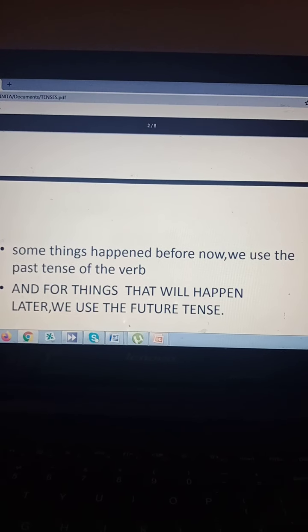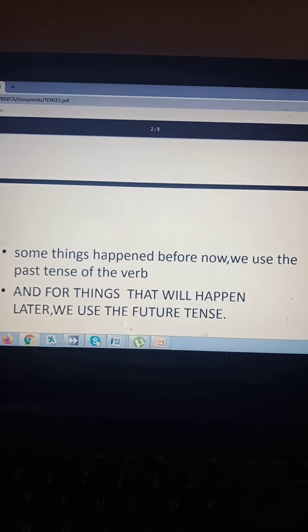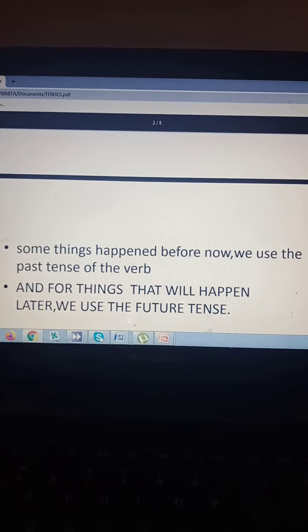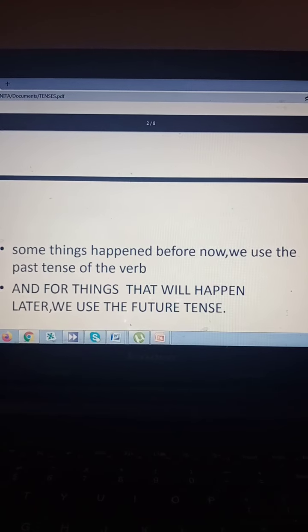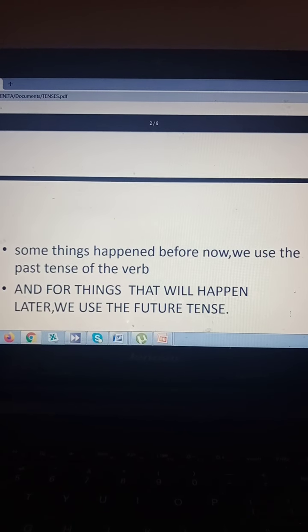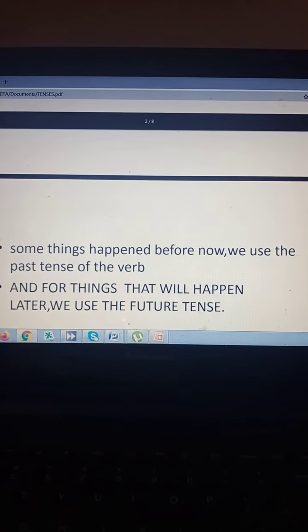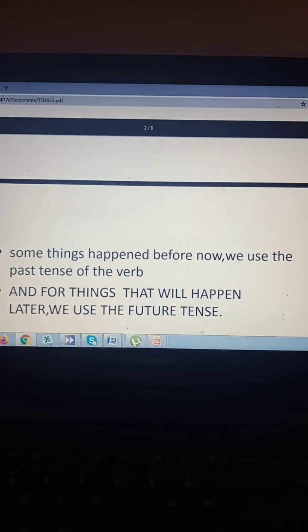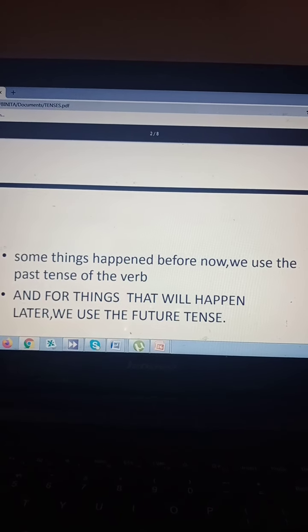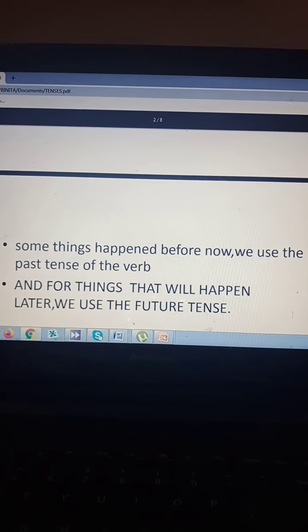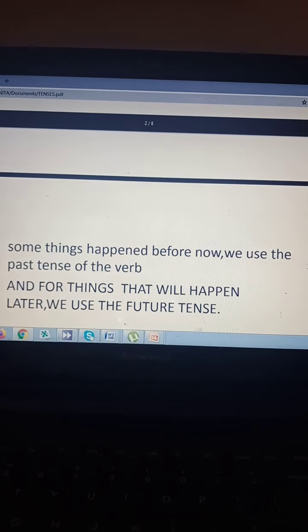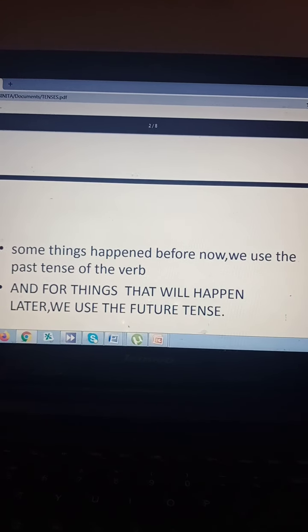Now, some things happened before now. It happened not now, but it happened yesterday. So present is today. Yesterday is your past. What happened before now, we call the past tense. Like if I say hurry, he hurried. For some verbs, you do not change even the past tense, but we pronounce it in a different way.